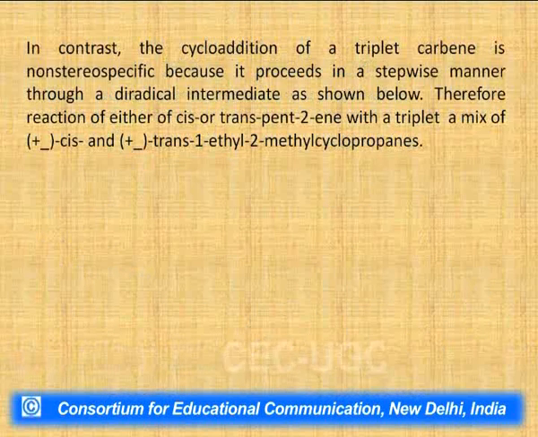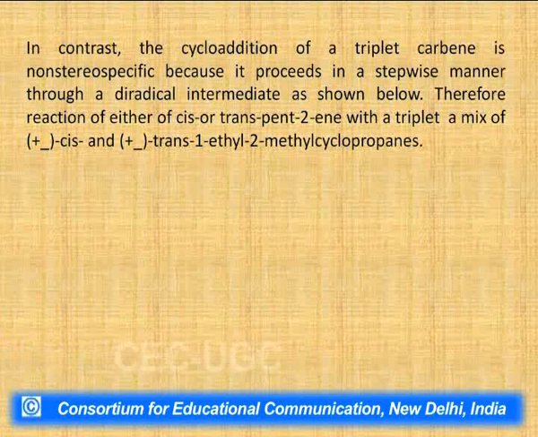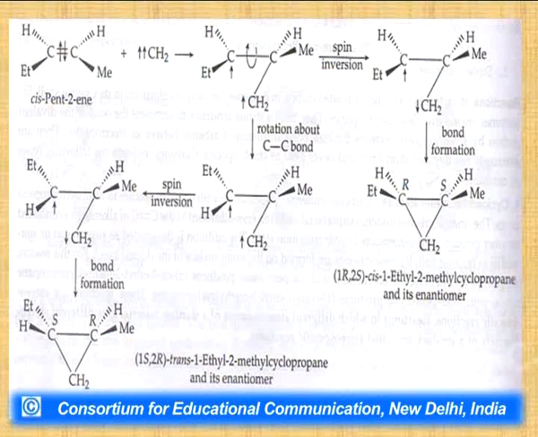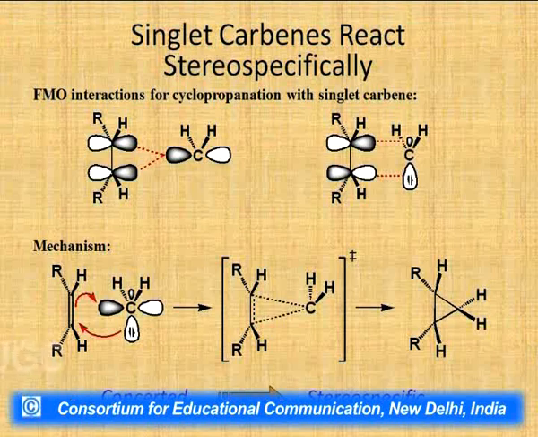In contrast, as we have already discussed in the figure, a triplet carbene is non-stereospecific because it proceeds in a stepwise manner through a diradical intermediate. Therefore, reaction of either cis or trans reactant with triplet carbene gives a mixture of plus-minus cis and trans-1-ethyl-2-methyl cyclopropanes as the product.